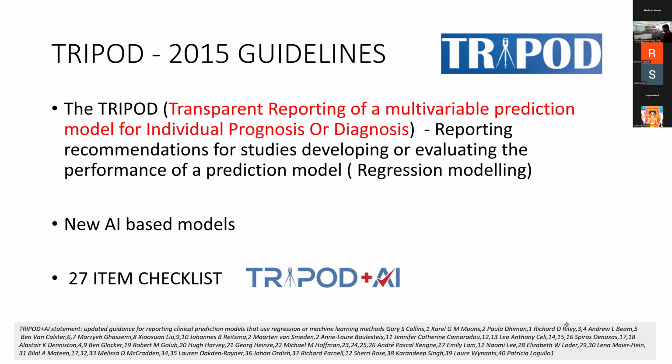That's why this new 27 item checklist came in, and it was finally published in 2024 as the Tripod+Ai reporting guidelines. I'll be going through each item in the checklist, and trying to explain how you should be looking at a study which uses AI for developing a prediction model.